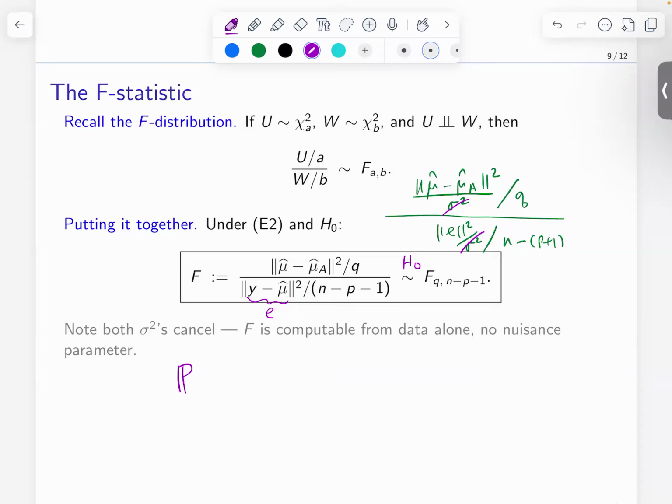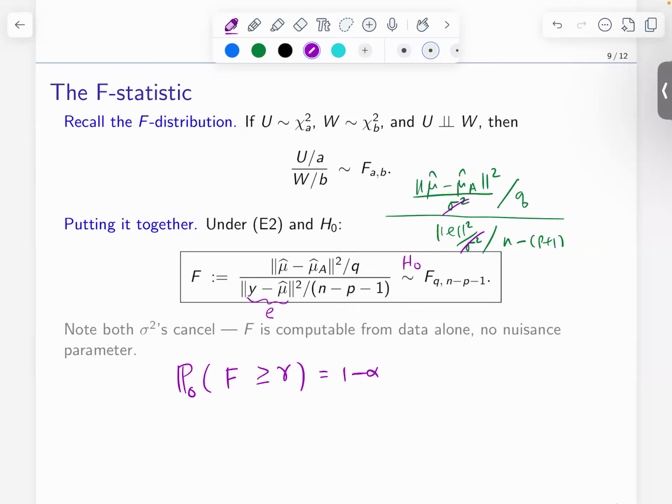Roughly, it's normalizing the loss in fit by the size of the RSS of the full model, so that it doesn't depend on the problem. It's problem independent. Under the null, I'm going to reject if F is bigger than a threshold gamma, at level alpha. You can set this based on the quantiles of the F distribution, and you get your test.